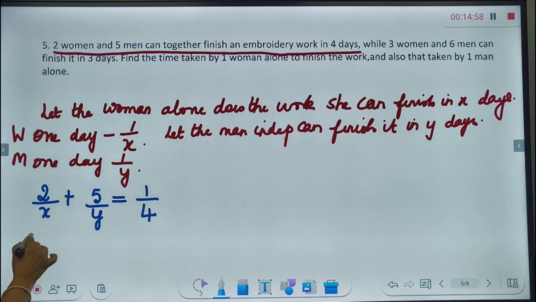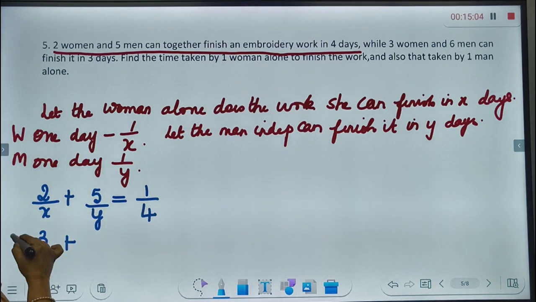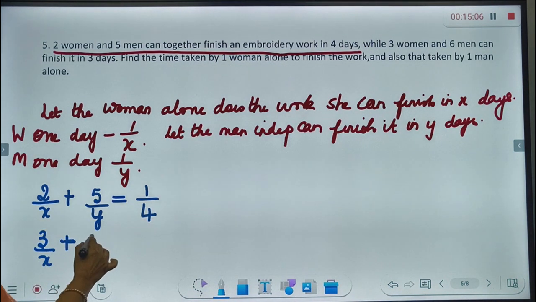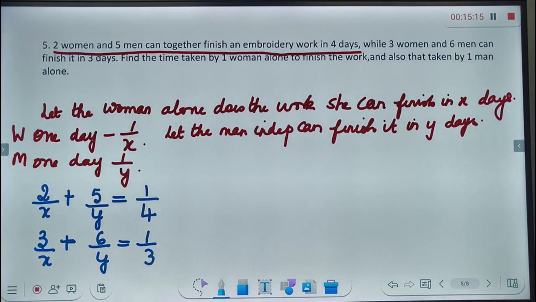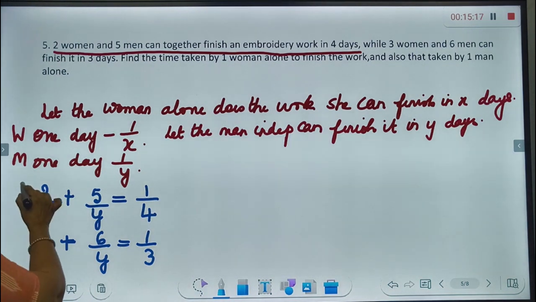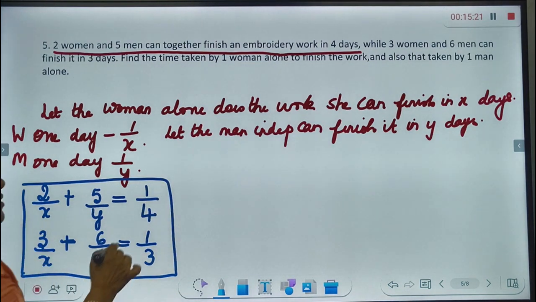While 3 women, so 1 woman can do in 1 day 1 by x, so 3 by x. And how many men? 6 men. 1 man can do 1 by y, so 6 by y. They can finish it in 3 days. So 1 day's work will be 1 by 3. So this is very, very important, the formulation of the equations.